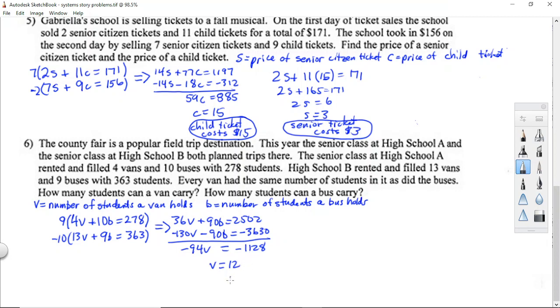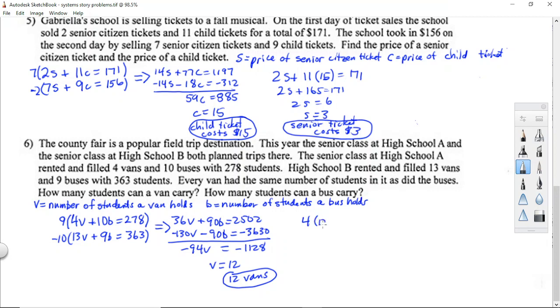So there are 12 vans. I'll write that a little better. So how many buses? Well, that's easy to find now. We'll use the top equation. We could use either equation, of course. It says 4V plus 10B. Well, V is 12.